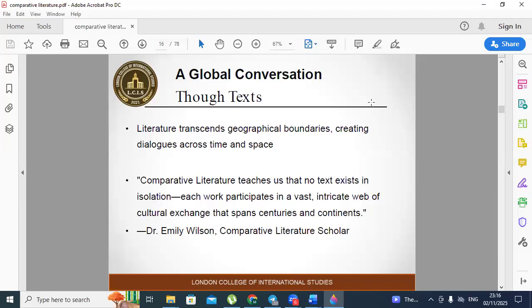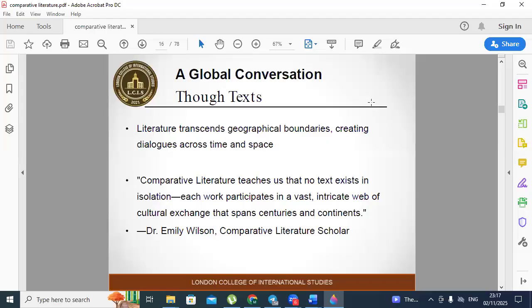So this slide serves as a poetic conclusion to chapter one. It reinforces the core idea that literature transcends geographical boundaries, creating a dialogue across time and space. The quote from scholar Dr. Emily Wilson is pivotal. It encapsulates the entire chapter's message.